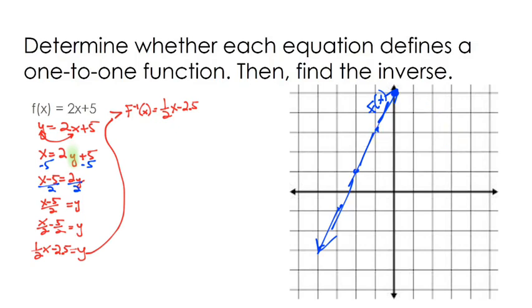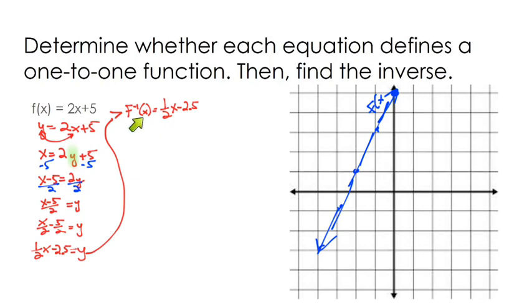Or, if it were to curve back this way so that I had 2 points that had the same x value, then it's not one-to-one. In layman's terms, as long as the graph doesn't double back on itself and curve back either sideways or up and down, it will be one-to-one. And so, this is a one-to-one function.